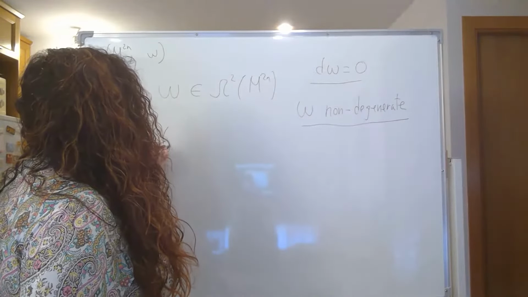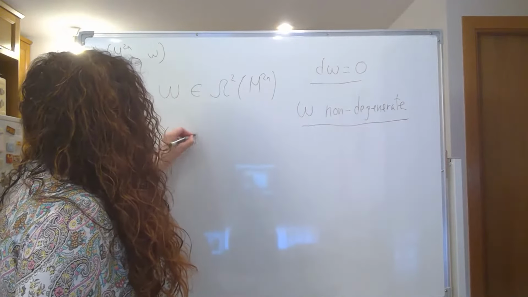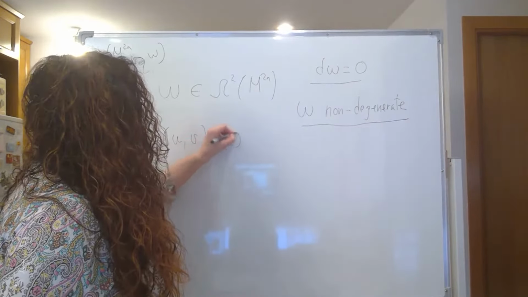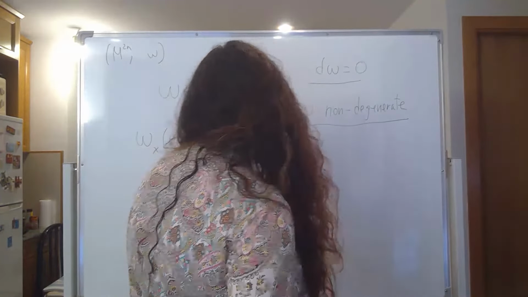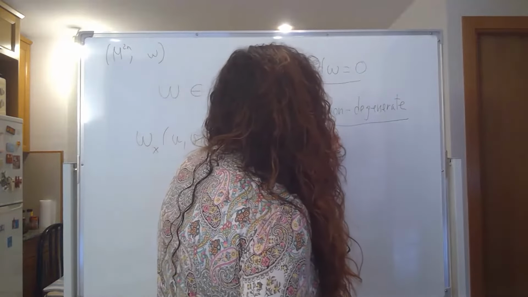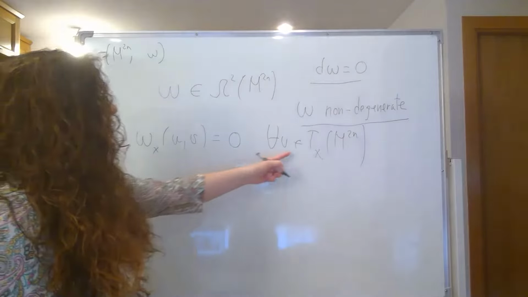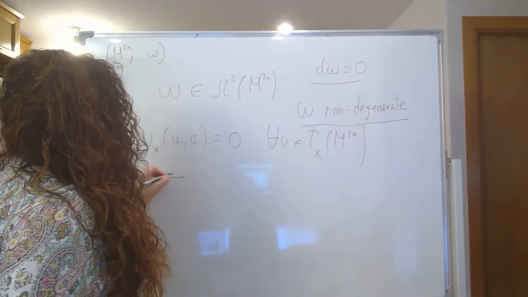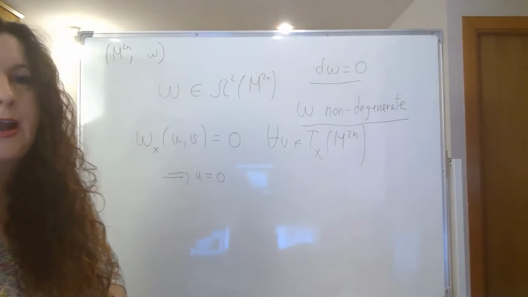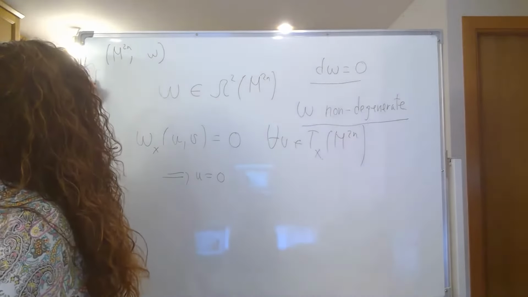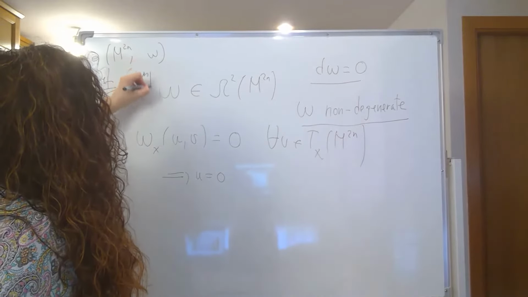Therefore, we may think that the condition of non-degeneracy means that if this condition is satisfied for all V in the tangent space at the point that I'm considering, then U has to be 0. So it's a condition that I can think of in linear algebra terms. That's the definition of symplectic form that we saw.